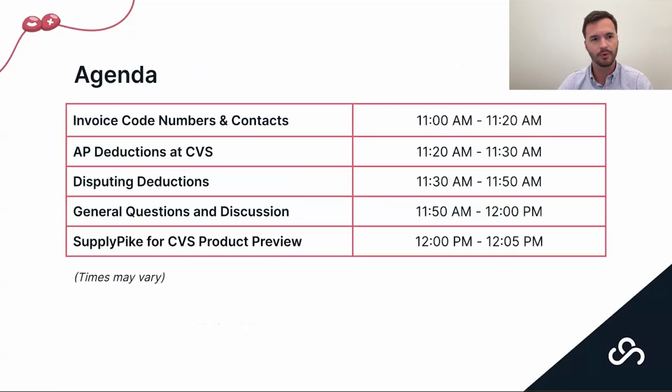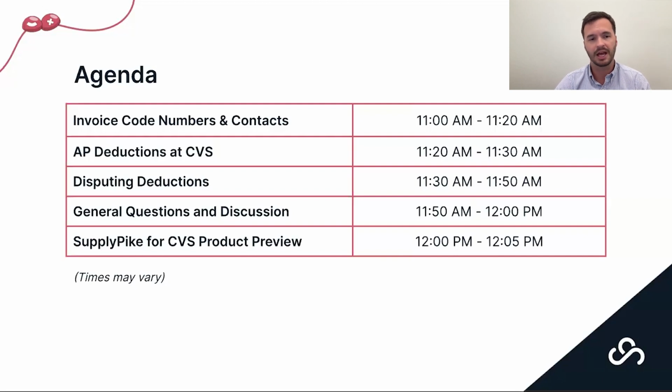All right, so a little bit more of that agenda. We're going to be going over some invoice code numbers and contacts, and a lot of this comes from a supplier-facing CVS document that we've adapted some of that information from. So some of this should be pretty helpful for getting to the bottom of different invoice codes, trying to understand what they are, and who the appropriate contact is whenever there's an issue with one of those invoice codes.